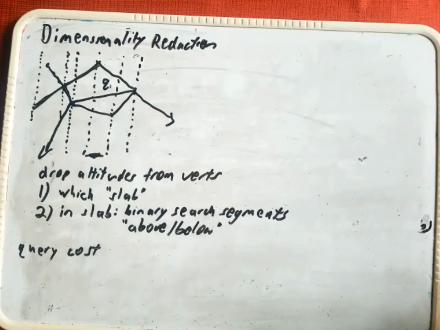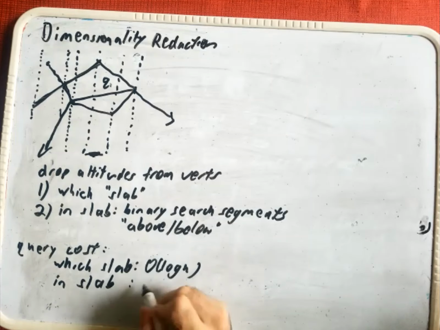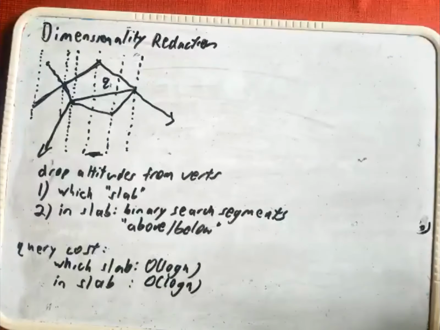Once I've identified which slab, how long does it take me to find the region? Also order log n, right? I'm just doing two binary searches.